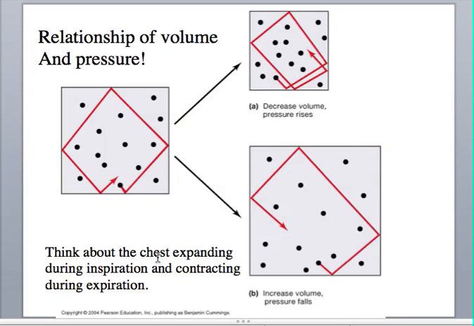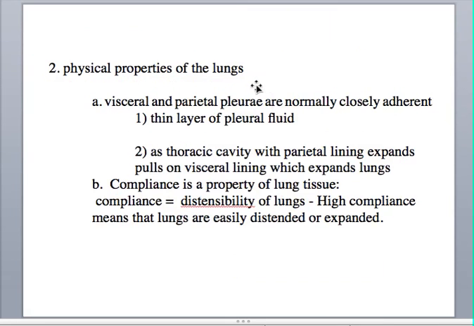During inspiration, you have lower pressure inside, so air is going to go from the area of greater pressure into the lungs. As your chest cavity contracts in exhalation, the volume is going to be smaller, the pressure is going to rise inside the lungs, and that will cause the gas to move out. Okay, so we'll talk more about that in just a little bit.